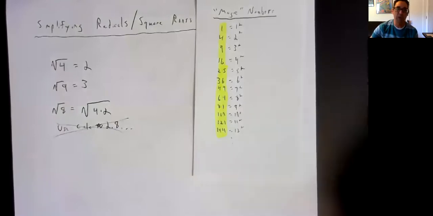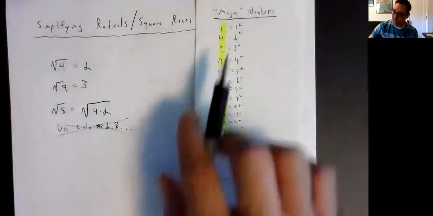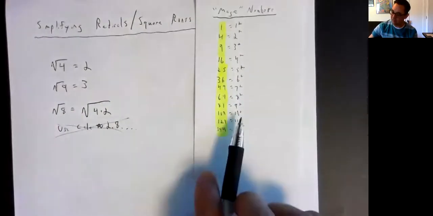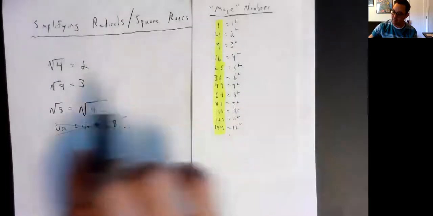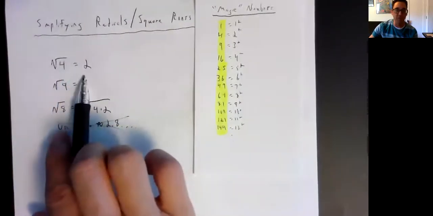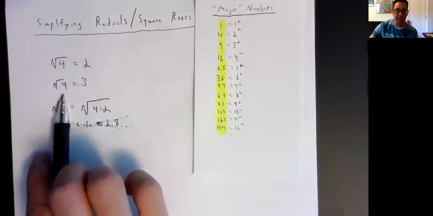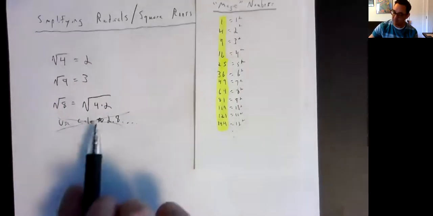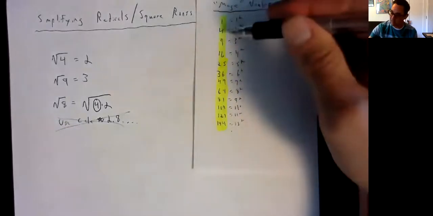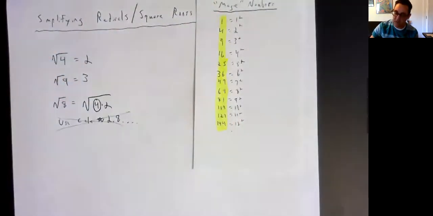These numbers under a square root transform into just the base without the exponent. So 4 transforms into a 2. The square root of 9 transforms into 3. And so here, this 4 is one of my magic numbers. This 4 becomes a 2.